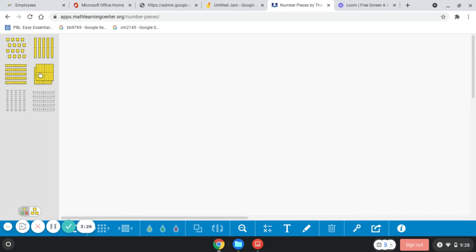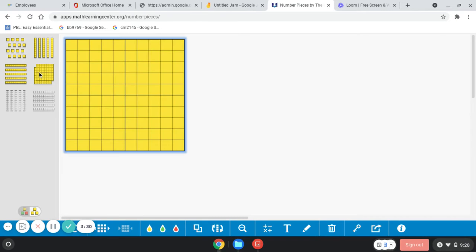We need 12 hundredths. So if we look at this whole, we know that 1 long is a tenth, okay? But each cube within is a hundredth, which means that 12 hundredths would be 1 long, which is 1/10, and 2 additional cubes.